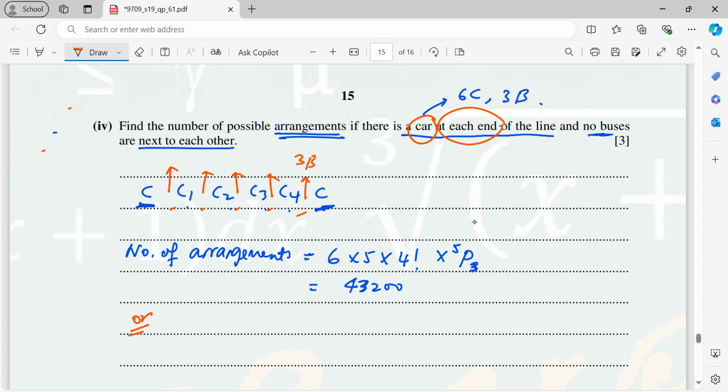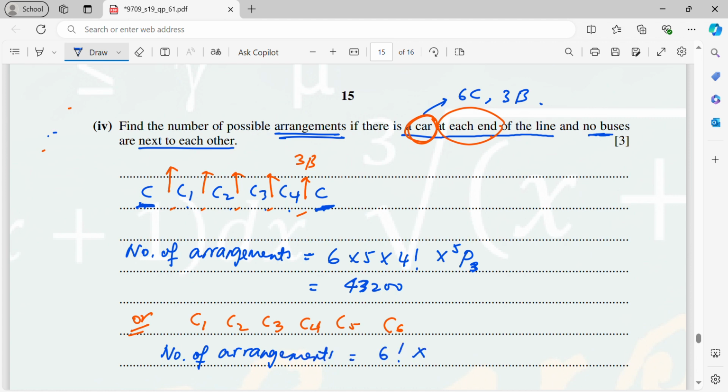Now I will write C1, C2, C3, C4, C5, C6, as long as there's a car at each end. So it means C1 and C6 at the ends. Basically, I'm arranging all 6 cars, so the number of arrangements equals 6 factorial.